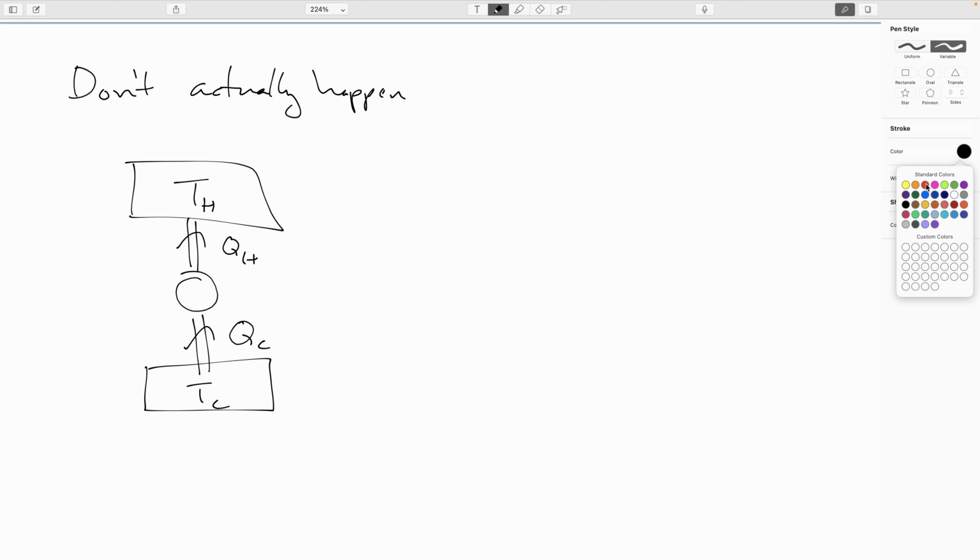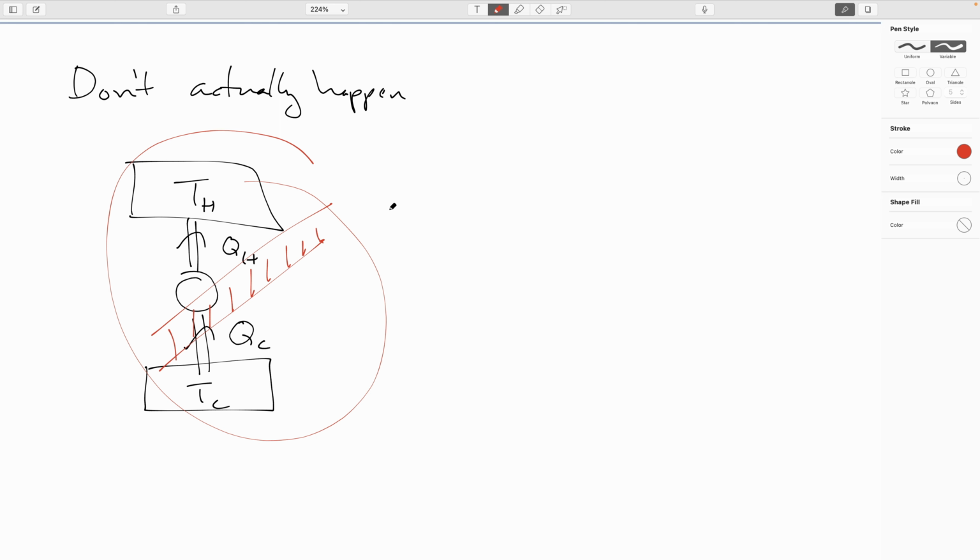Now, in an earlier video, I alluded that this actually violates the second law of thermodynamics. So just because we can draw it doesn't mean it happens.